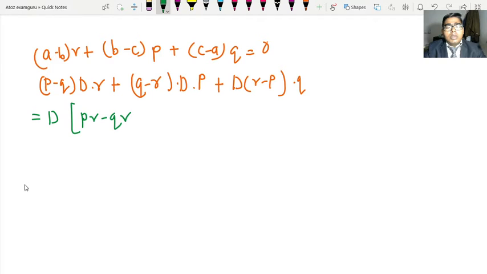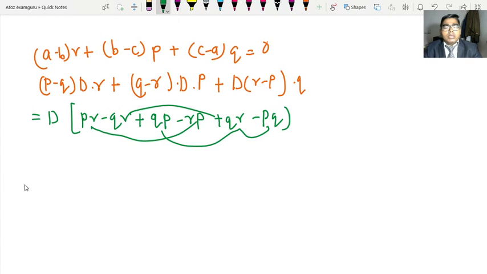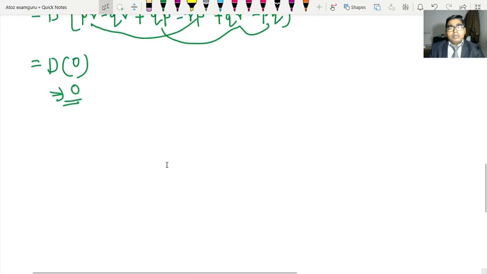PR minus QR plus QP minus RP plus QR minus PQ. So it is PQ and minus PQ, it cancels out. QR and QR will cancel out, RP and RP will cancel out. So you will get D into 0, it means this will also be proved. Now let us see the next question.